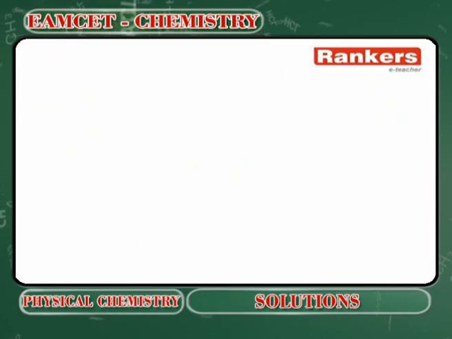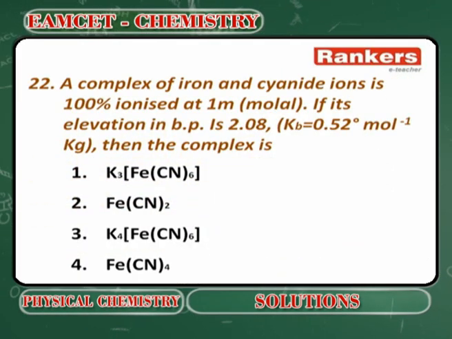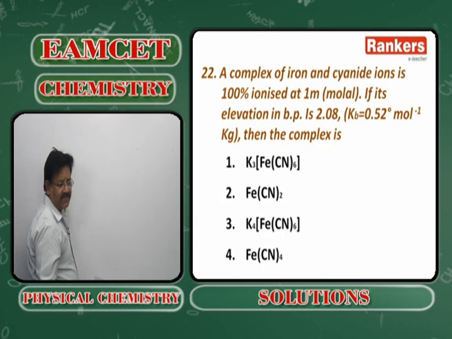Next question. A complex of iron cyanide is 100% ionized if its elevation in the boiling point is 2.08 and Kb is equal to 0.52, then the complex is... See here it is 100% ionized.